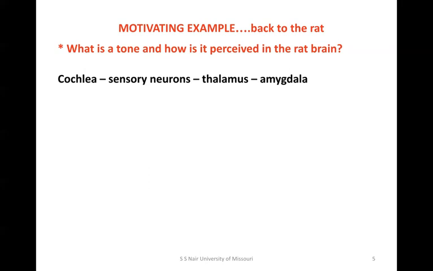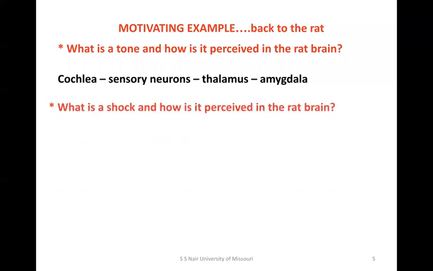So the tone pathway is as follows. Tone is picked up via sensory neurons in the cochlea, then the firing of the sensory neurons relays that to the auditory thalamus, and the firing of the thalamic neurons transmits the signal to the amygdala. So what about the shock pathway?